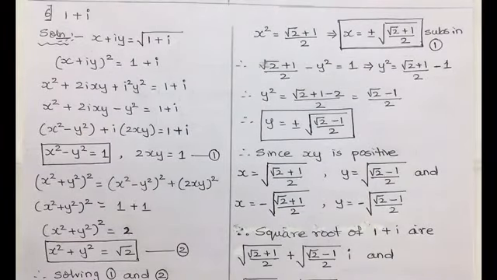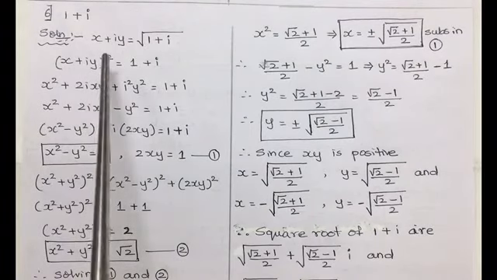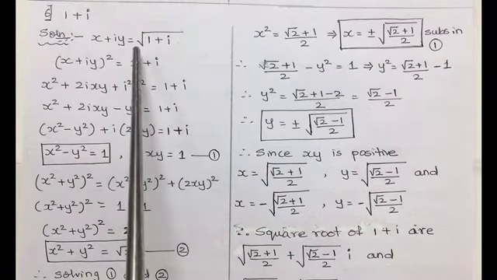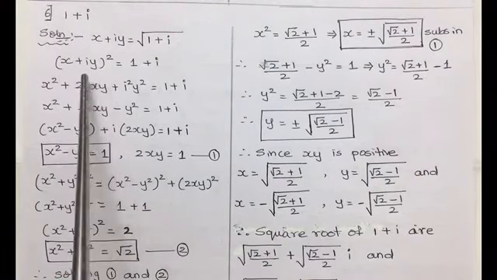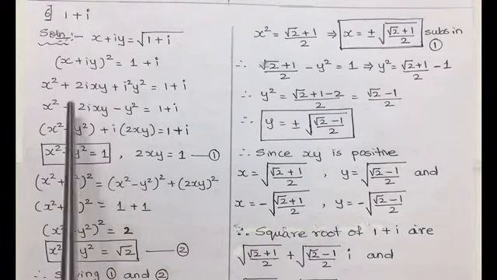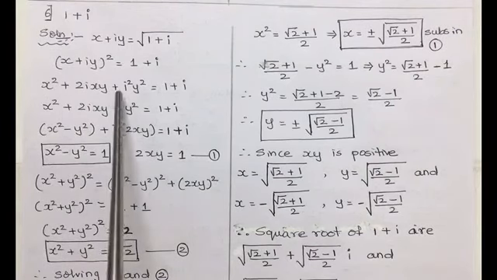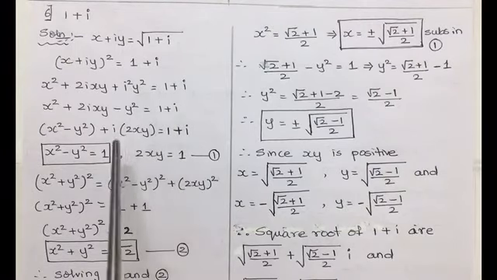Sixth is calculating the square root of 1 plus i. X plus iy is root of 1 plus i. Removing root, other side becomes square. So using the perfect square formula, we'll get x square plus 2ixy plus i square y square is equal to 1 plus i.